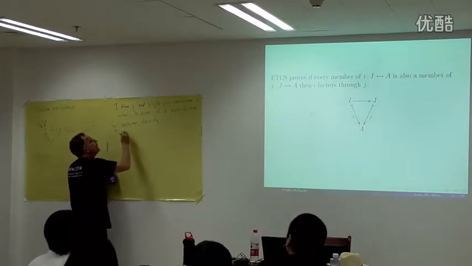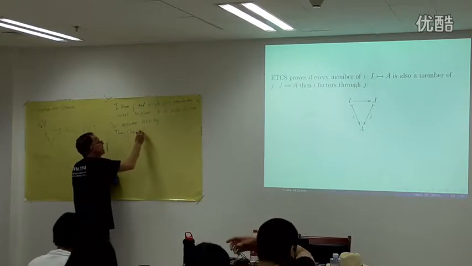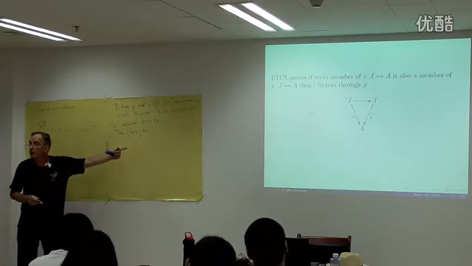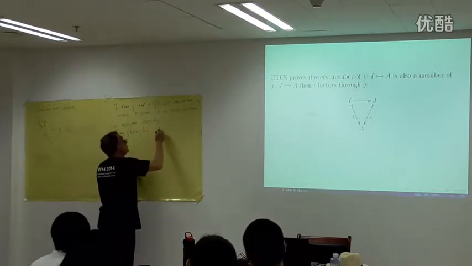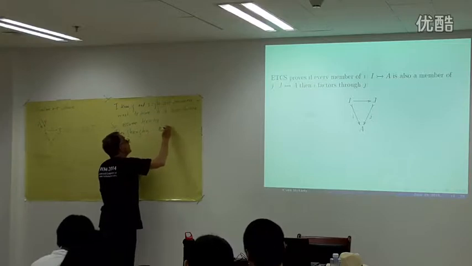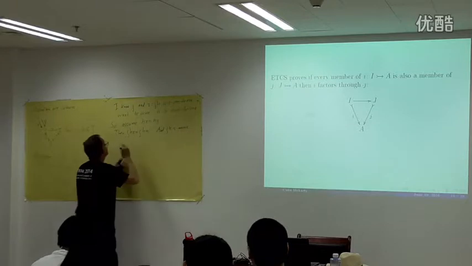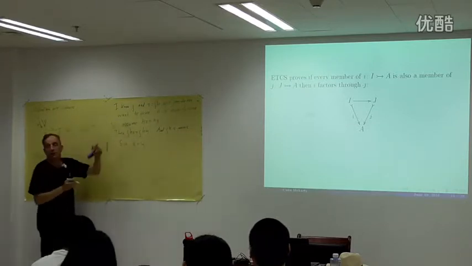And then JH of X has to be equal to JH of Y, because you're applying a function to the same thing on both sides. And JH is monic. So X equals Y, which is what I needed to show.